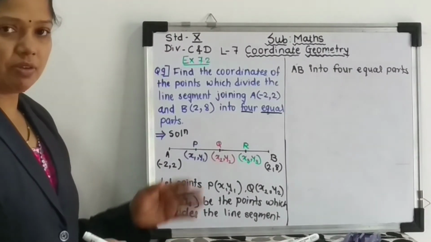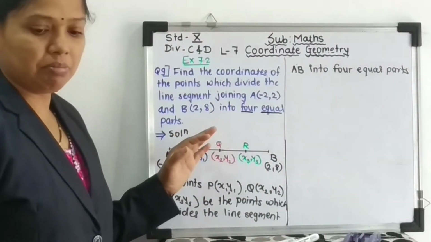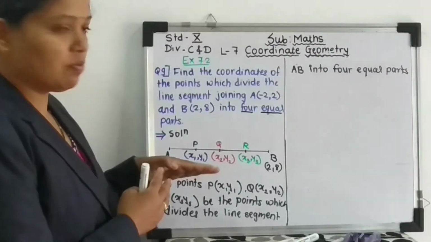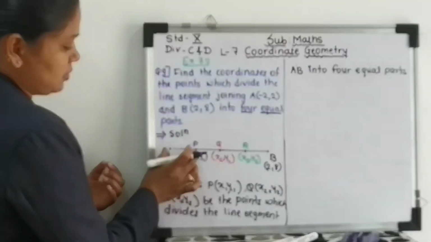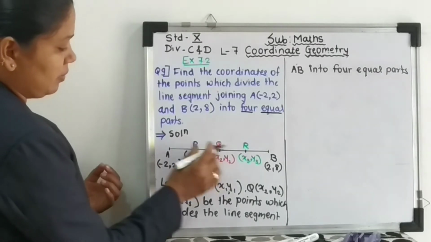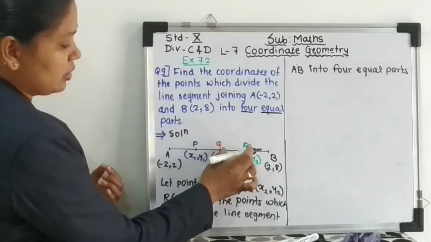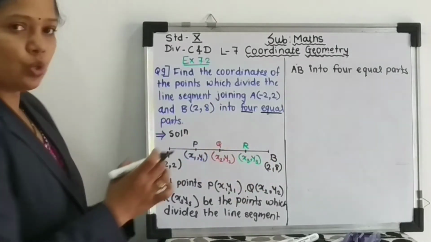Such types of sums we have seen earlier, in the last session. Right? Equal parts means what? This part will be 1, this second will be 1, this one will also be 1, and this is also 1.